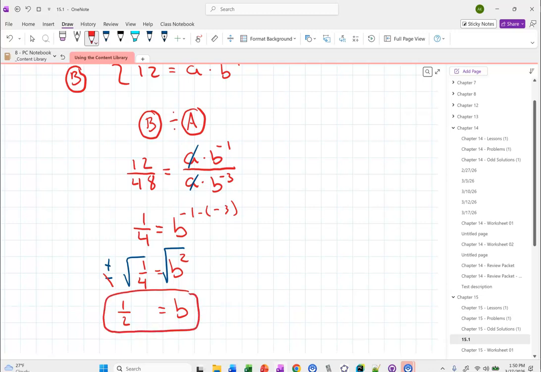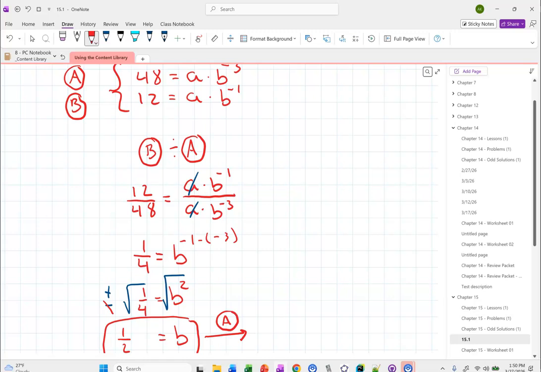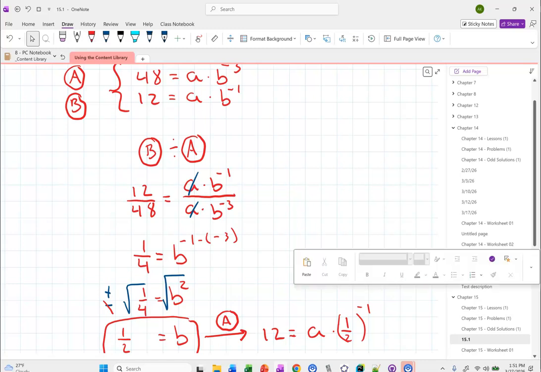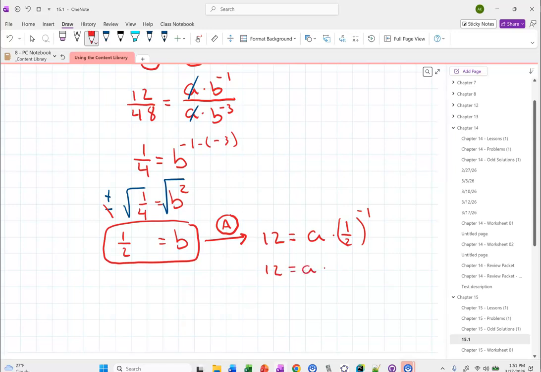Now that I've found B, I can plug that back into either equation A or B. I'm going to plug it into equation A because the exponent is closer to 0, which makes life usually a little bit easier. What is 1/2 to the negative 1? 2 to the first, right?